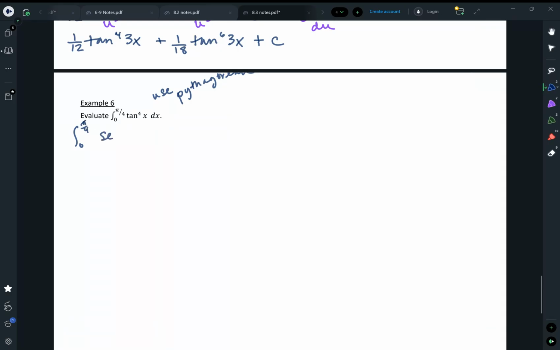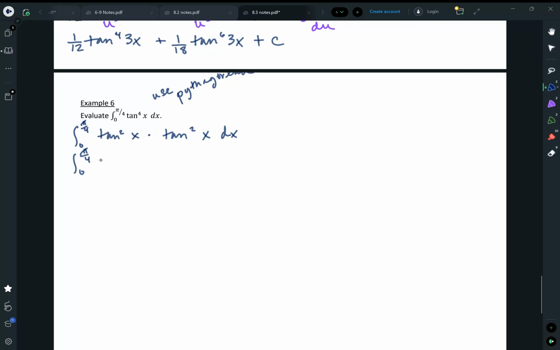Let's make it tangent squared x times tangent squared x. Getting ahead of myself. Okay. And then I don't know if I want to convert them both or not. So I'm going to just convert one for now into secant.